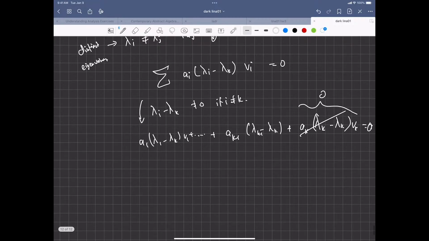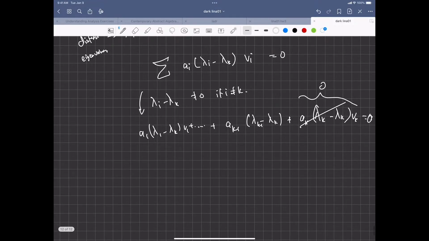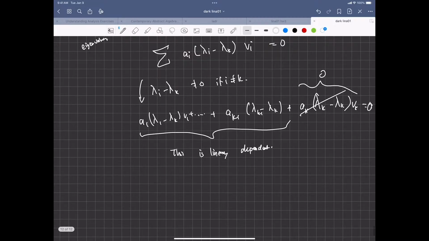So what contradiction do we derive here? This is linearly dependent. In fact, v1 through vk minus 1 is linearly dependent. But what's the contradiction?